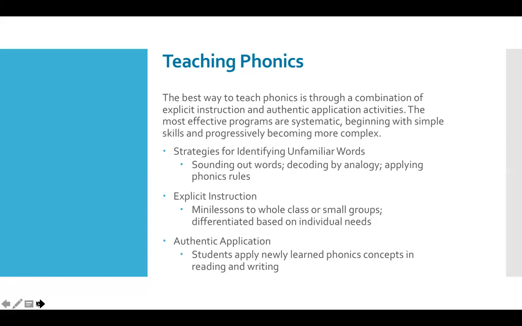Explicit instruction are many lessons to whole class or small groups, differentiated based on individual needs, right? And then you always want to provide that authentic application where students are able to apply their newly learned phonic concept in reading and writing.